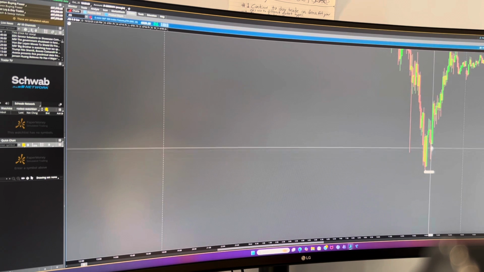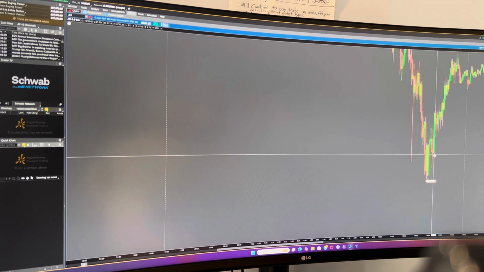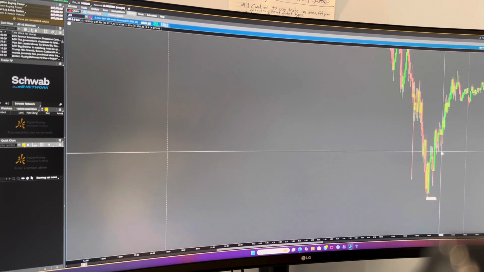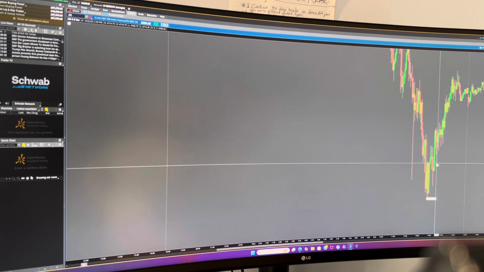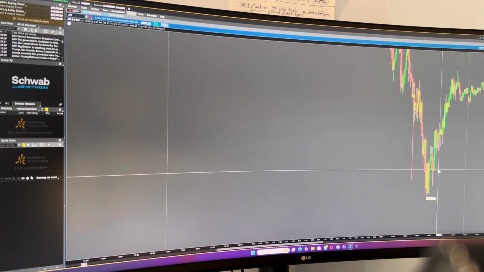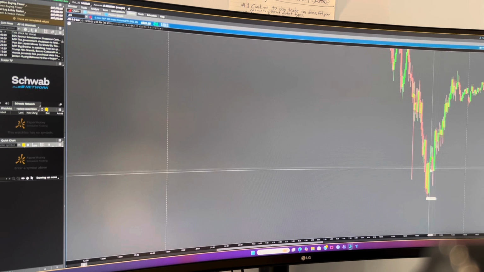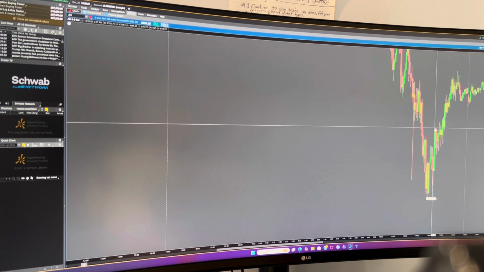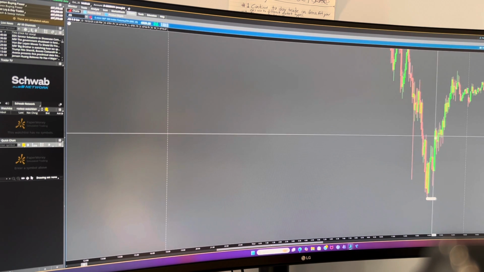This one was kind of the confirmation where it confirmed, but I didn't get out quite yet because I just wanted to be patient and not make a decision based off of panic because I'm up a huge amount on the trade. So I let it do its thing for a little bit longer.